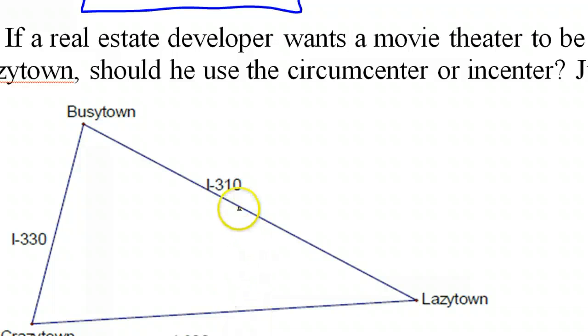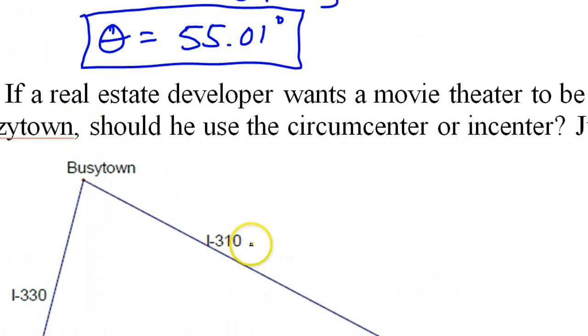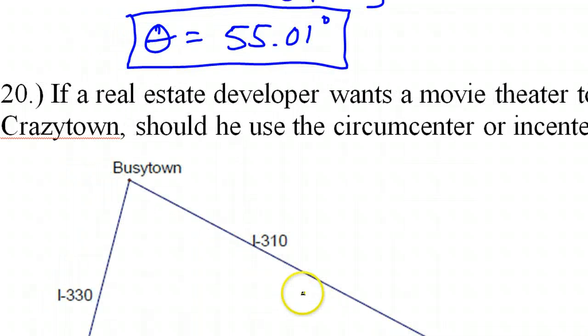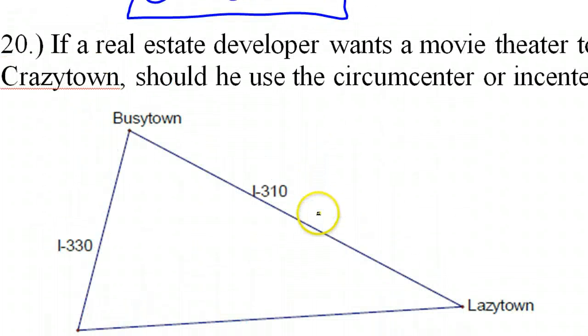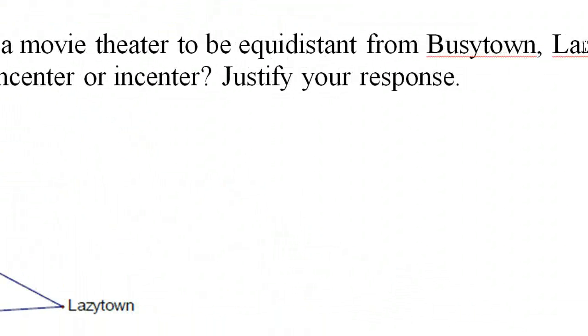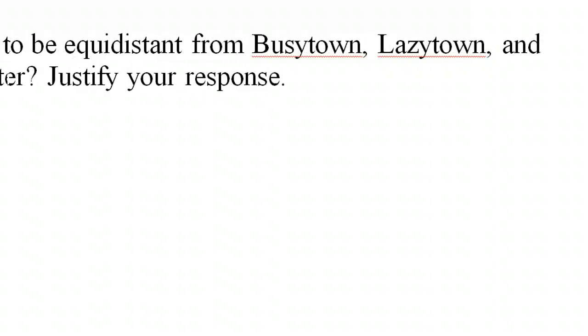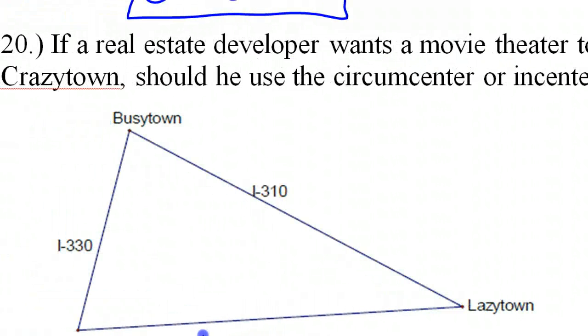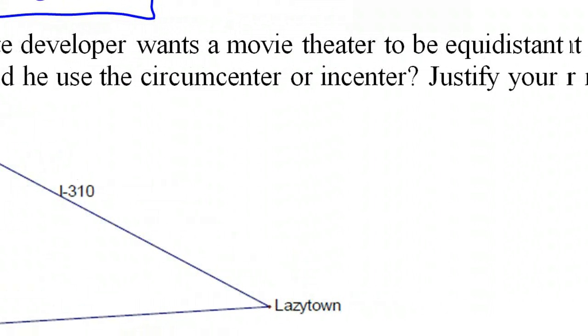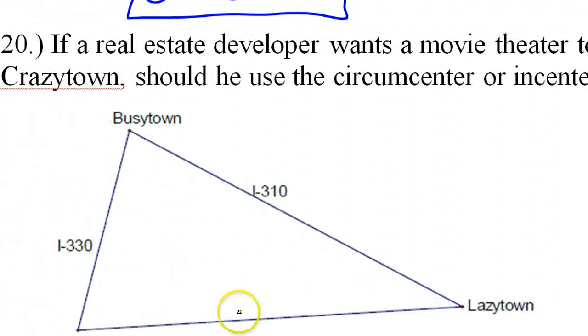I'm going to do one more problem, and then I'm going to stop this video and do the rest on another video. A real estate developer wants a movie theater to be equidistant from Busy Town, Lazy Town, and Crazy Town. Should he use the circumcenter or incenter?